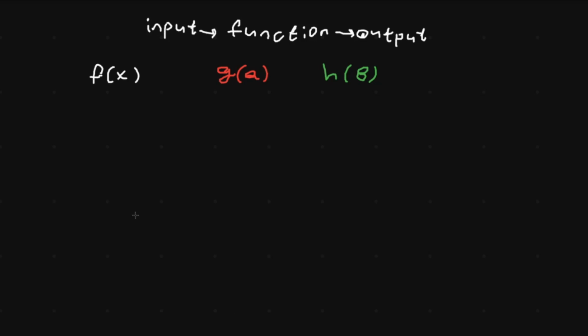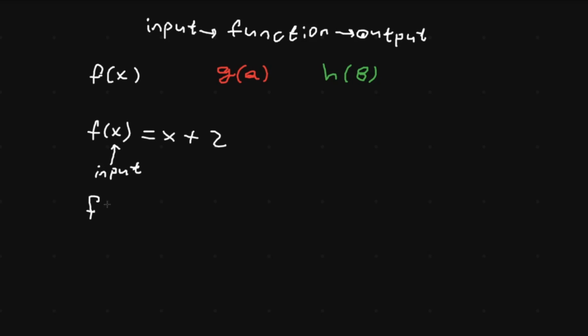So now let's take an example. I have this function f of x is equal to x plus 2. It means that any number we input as x, the function will add 2, and it will give us a result. For example, let's say we input the number 3.